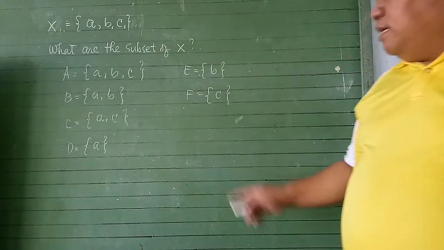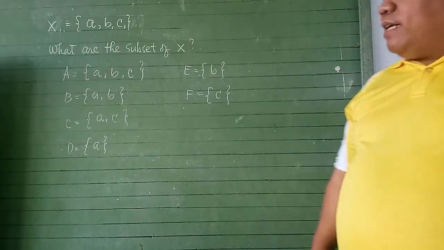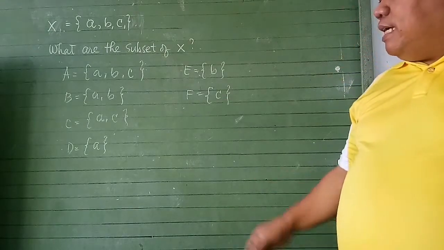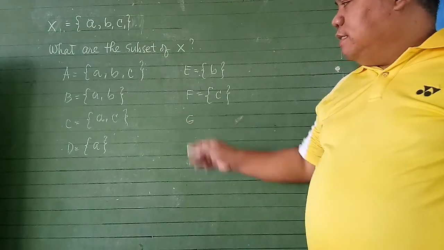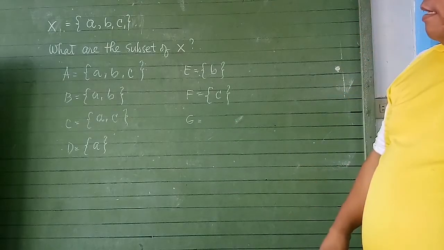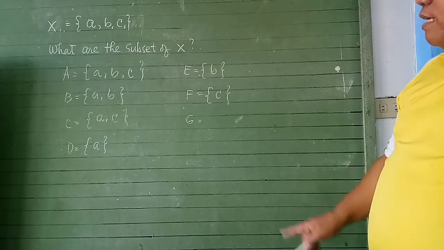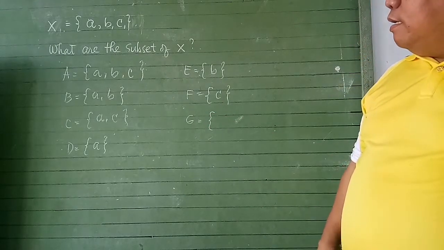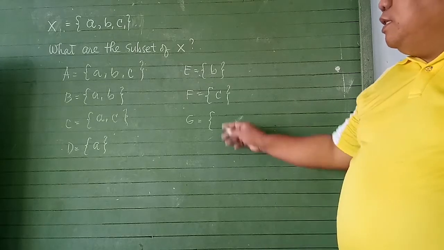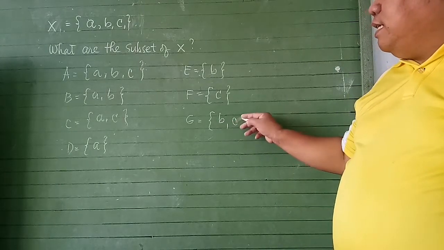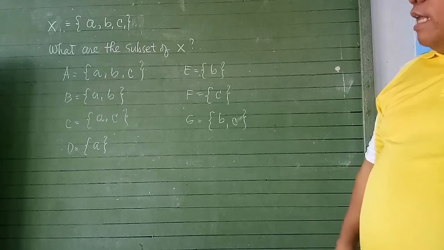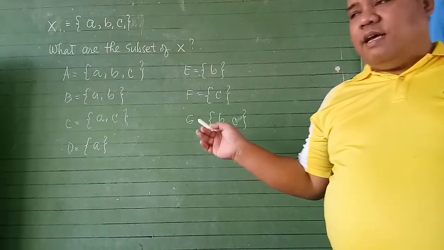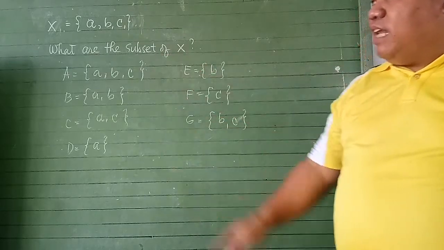F here is a subset of X again because it contains the element C. What else? So 1, 2, 3, 4, 5, 6, 7. B and C. Okay. So set G contains elements B and C. Again, this is a subset of X because it contains B and C that can be found in X.